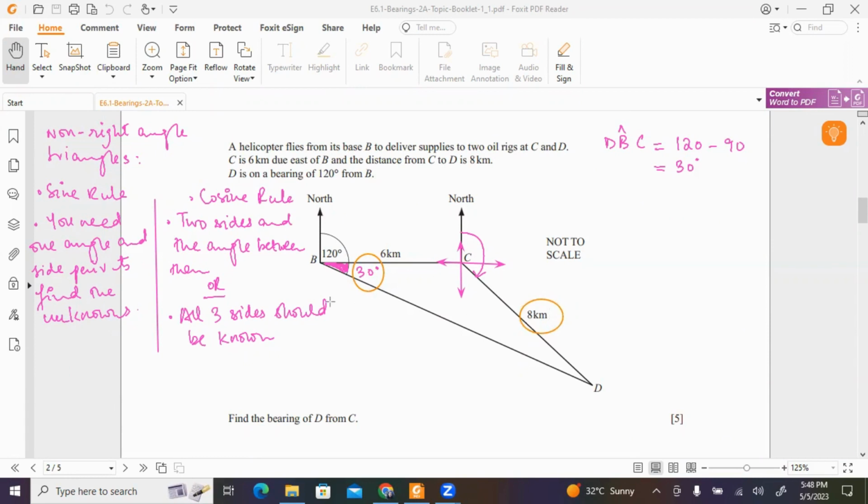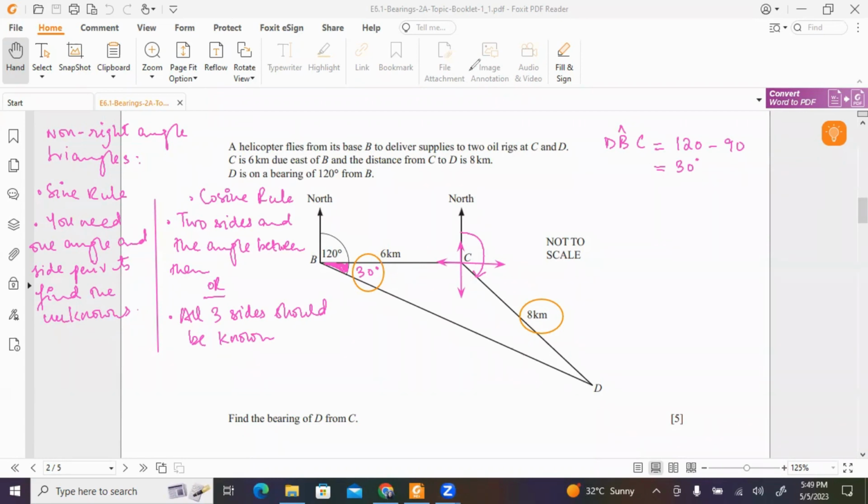When I say one angle-side pair, it means that if we have, for example, a length which is 8 kilometers over here, its corresponding angle would be the angle opposite to it, which is angle B. Similarly, for the length BC, its corresponding angle is going to be angle D. Then for your length BD, your corresponding angle is angle C. So this is how you make a pair. Each length has a pair with the angle opposite to the length.